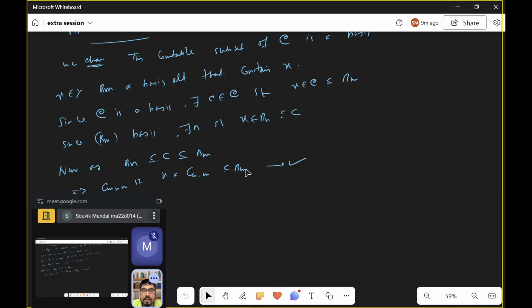Now since C is a basis, there exists C belonging to C such that x belongs to C subset of B_m. Since B is a basis, there exists n such that x belongs to B_n subset of C. Now as B_n subset of C subset of B_m, we will have a C_mn such that x belongs to C_mn subset of B_m. So that is the argument.